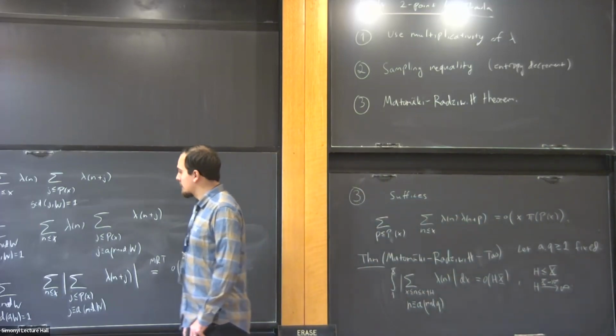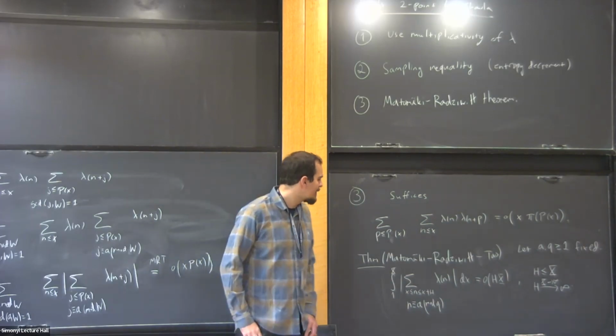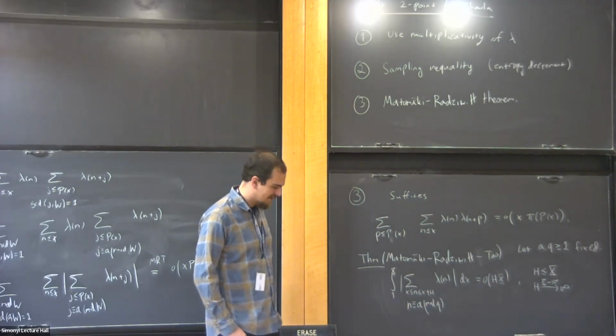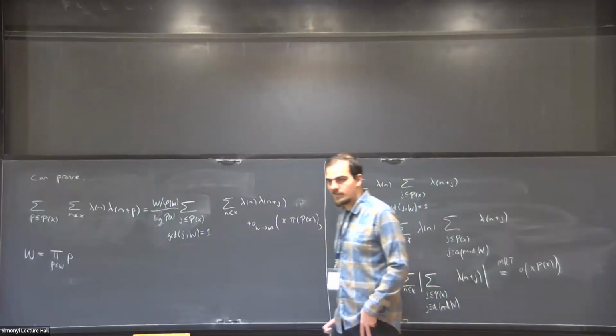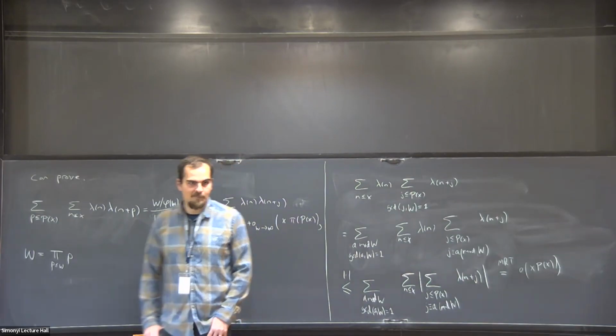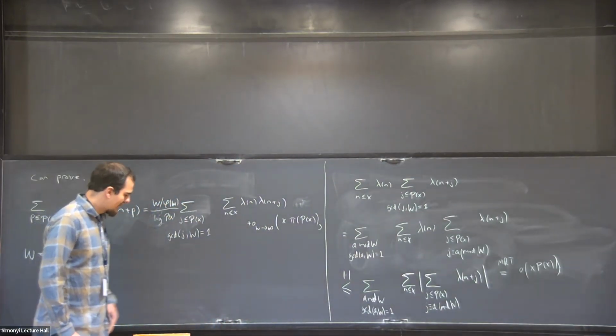Okay, so this concludes the proof modulo the thing that I so far swept under the rug, which is step 2. Are there any questions at this point? Okay.